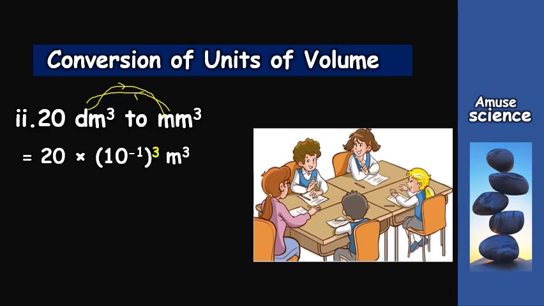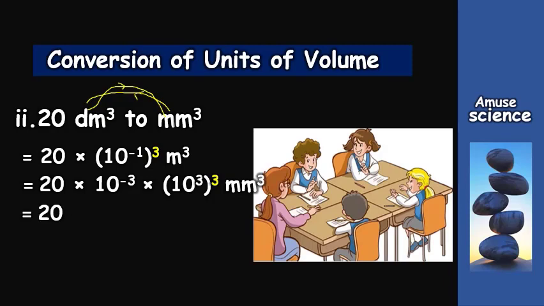meter cube. Now that we have our answer in meter cube, let us introduce our milli to convert it to millimeter cube. So we are going to get 20 times 10 exponent minus 3 times 10 exponent 3 all exponent 3, and this converts our answer to millimeter cube.